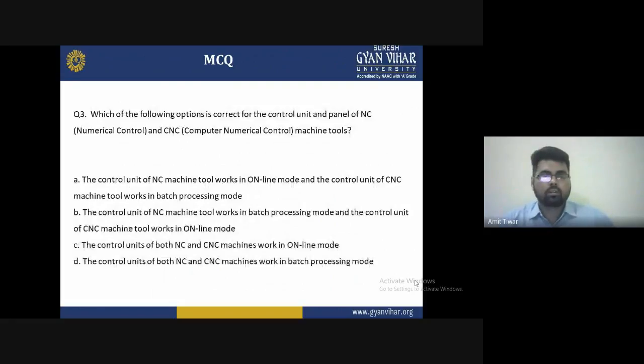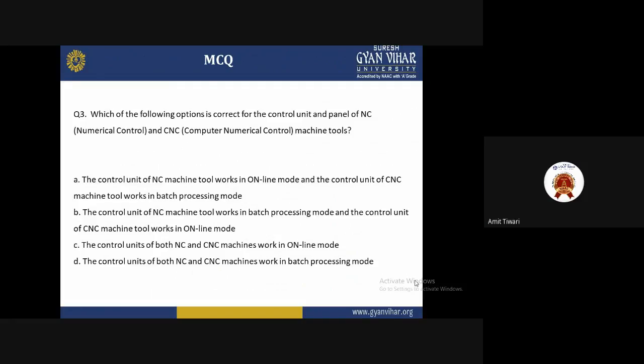Question number 3: which of the following options is correct for the control unit and panel of NC, that is numerical control, and computer numerical control machine tools? Option A: the control units of NC machine tools work in online mode and the control units of CNC machine tools work in batch processing mode.